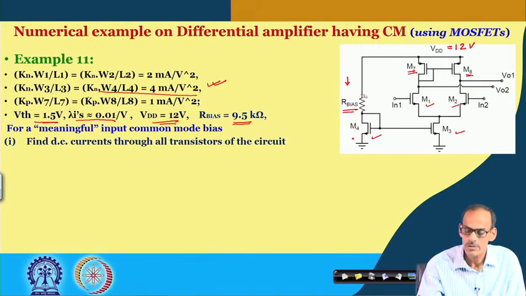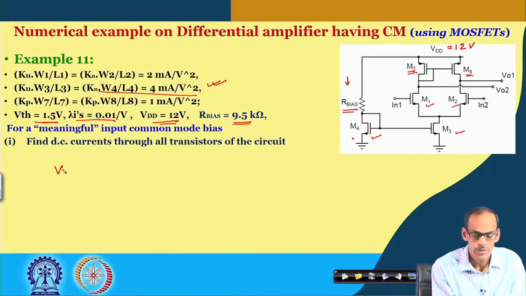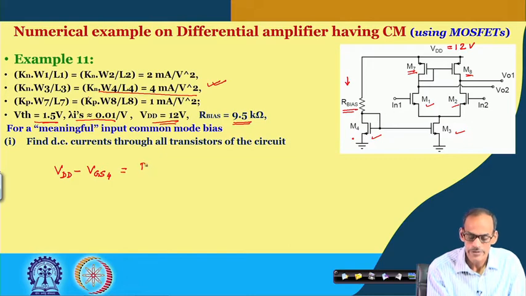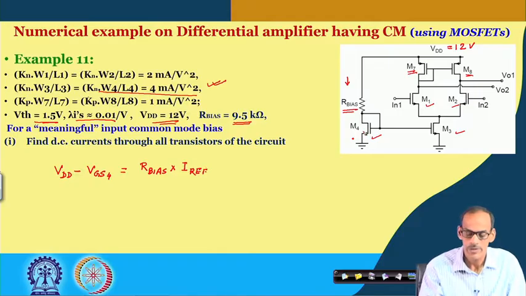Let me calculate this one. So, we do have VDD minus VGS of transistor 4, and that is equal to this R bias multiplied by this I reference. This I reference, on the other hand, can be defined by this transistor.